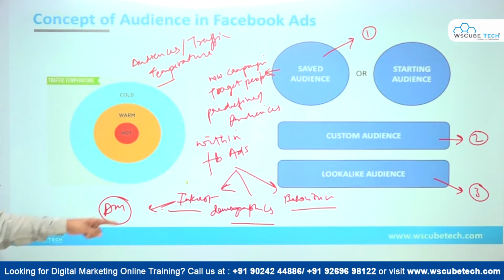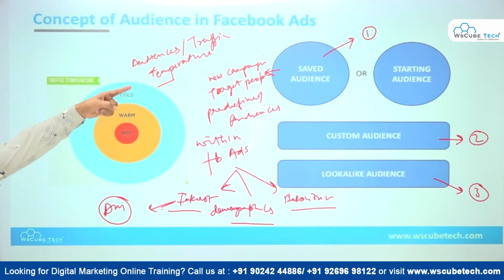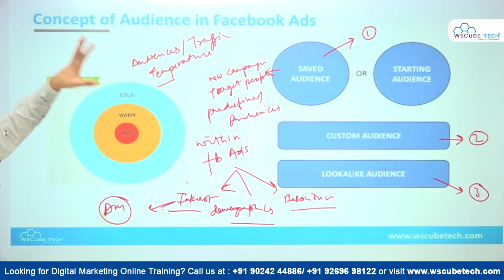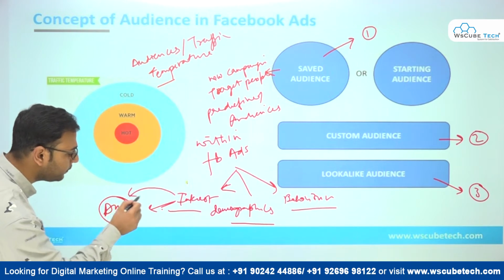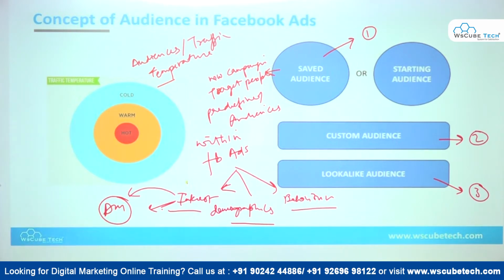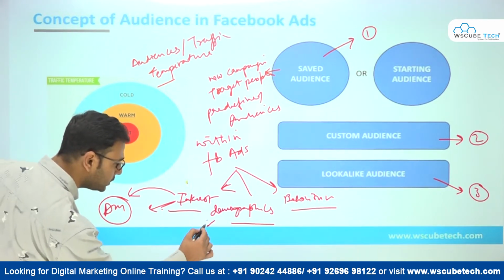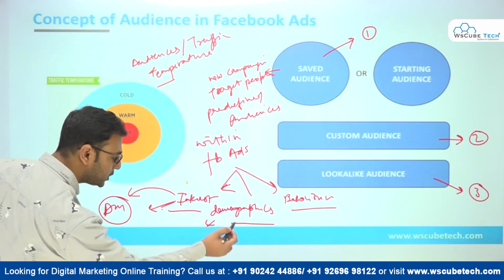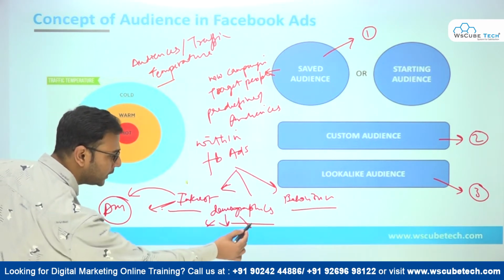So you can simply go ahead and use that saved audience option, which is predefined within the Facebook ad system. You can use that option and target the people who have interest in digital marketing. Also, you can target people based on their locations, their age group, their gender.